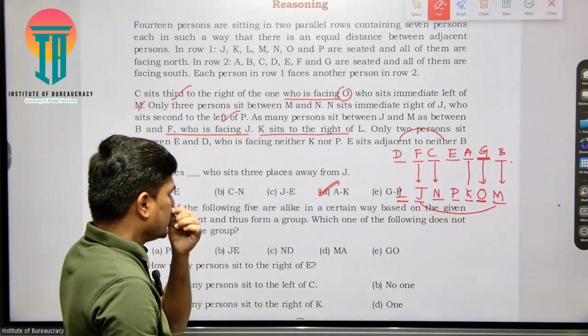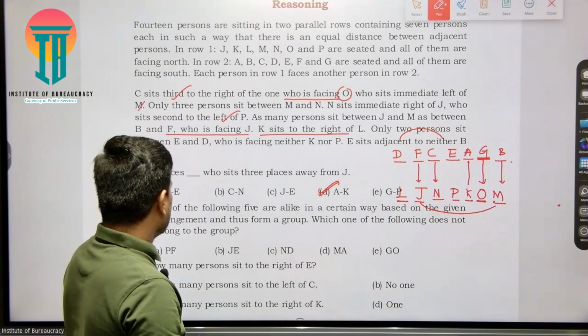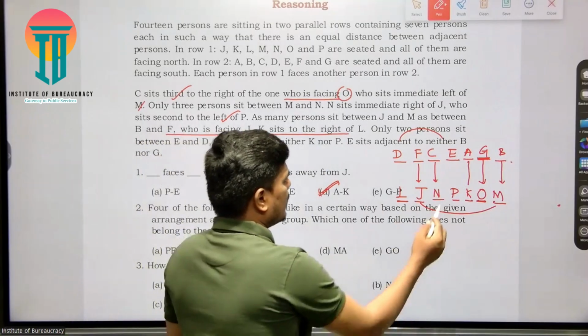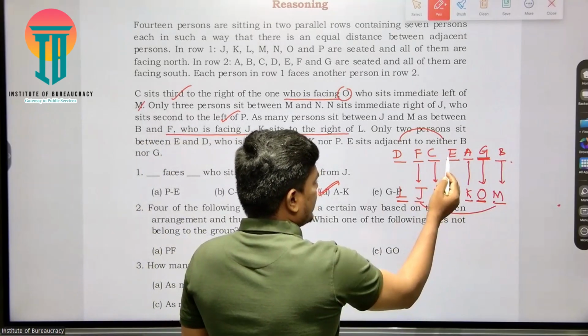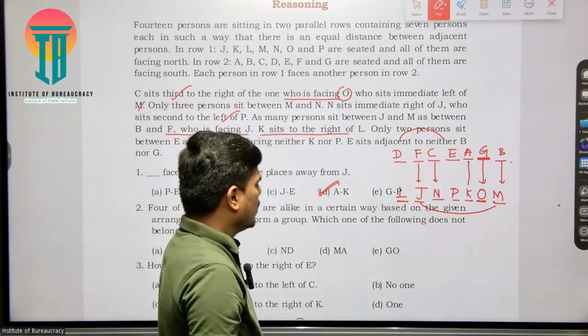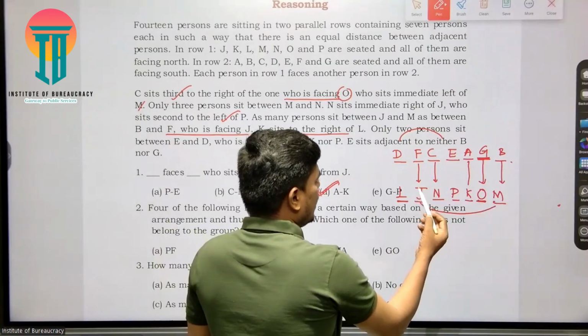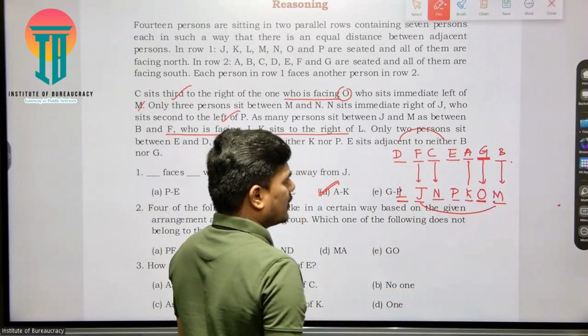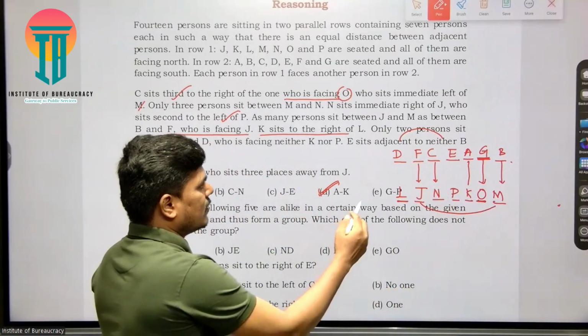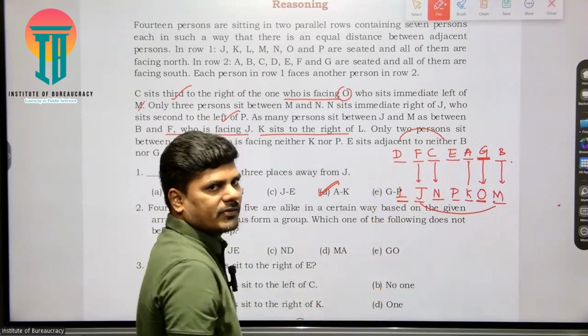Also, PF, if you see here, is the first to the second person. Similarly, JE, first to second person.